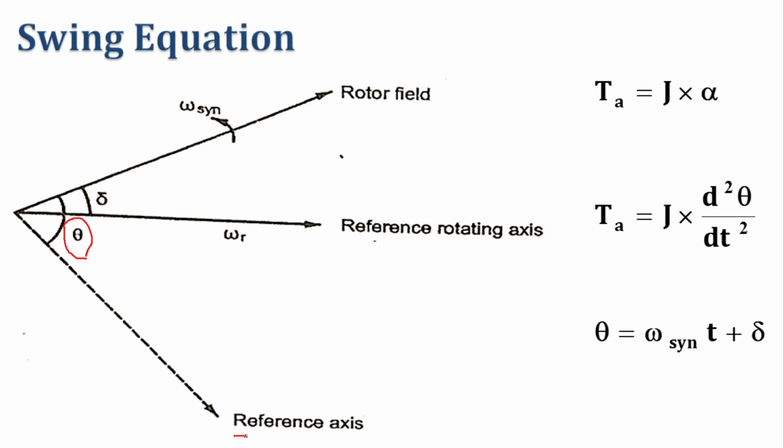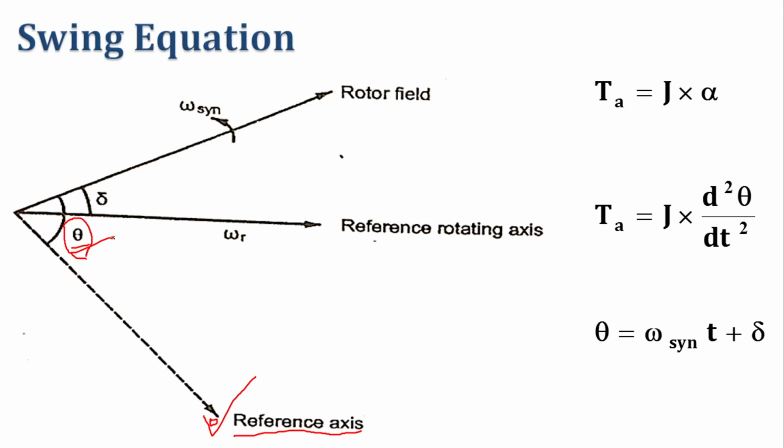So this is our reference axis. You can take the reference axis anywhere in the four quadrants. Let's suppose this is the reference axis, and with respect to it this angle theta is the angular position of the rotor.